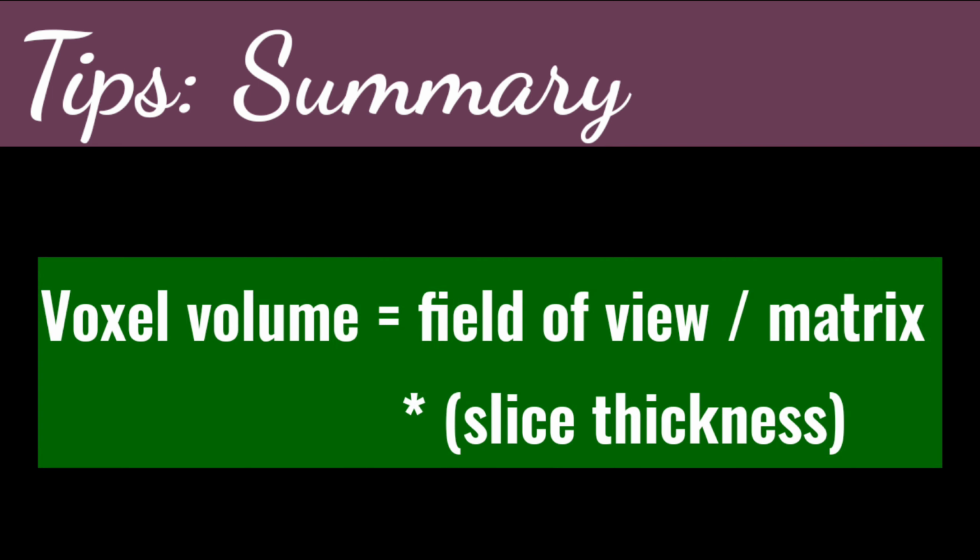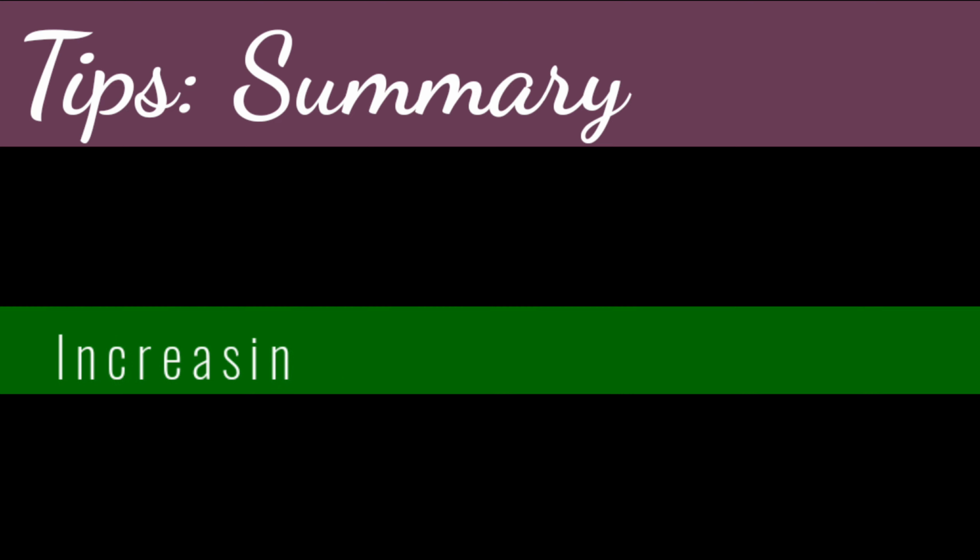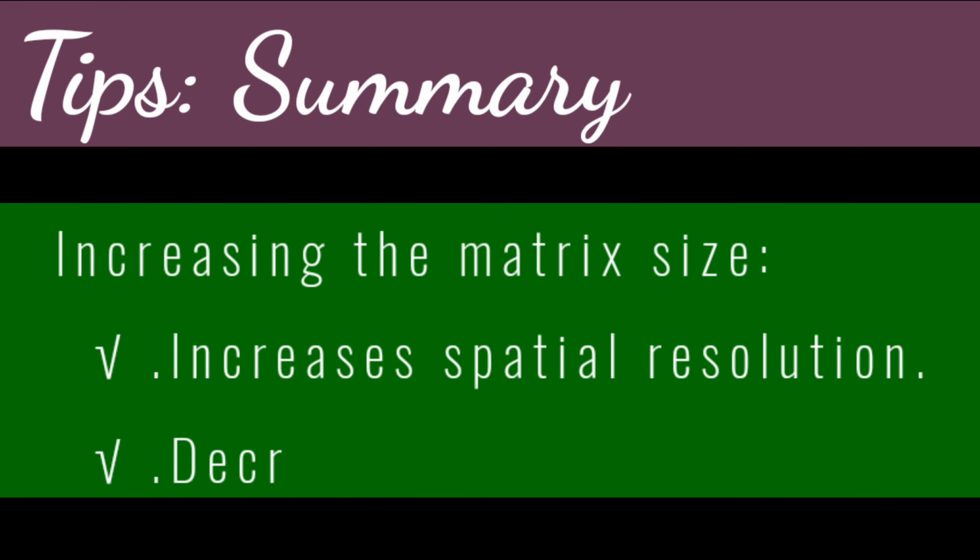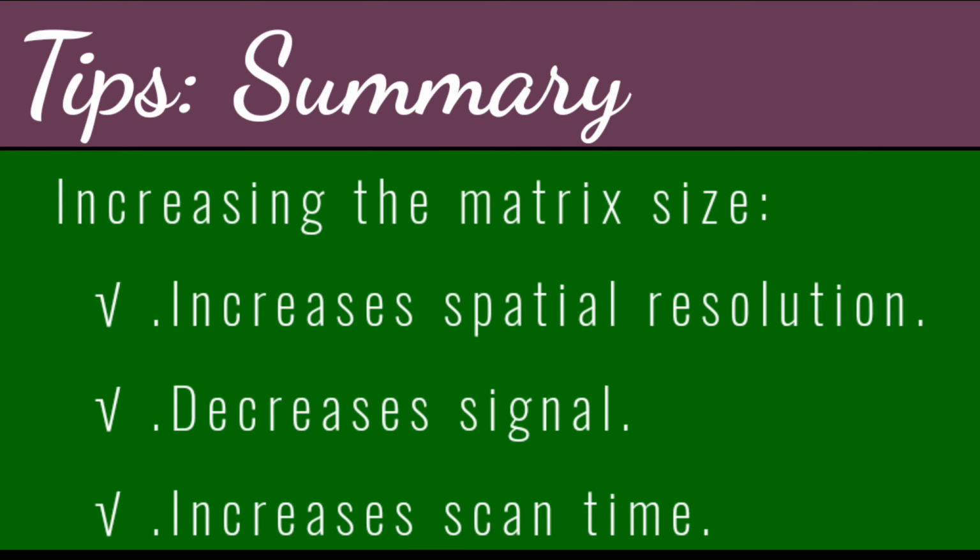Tips summary. Voxel volume equals field of view divided by matrix times slice thickness. Increasing the matrix size: increases spatial resolution, decreases signal, increases scan time.